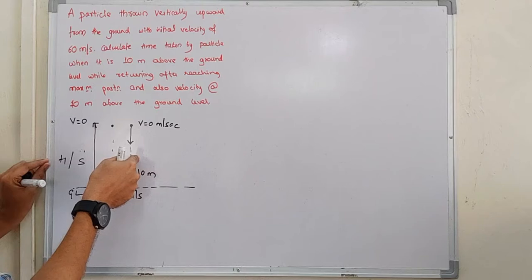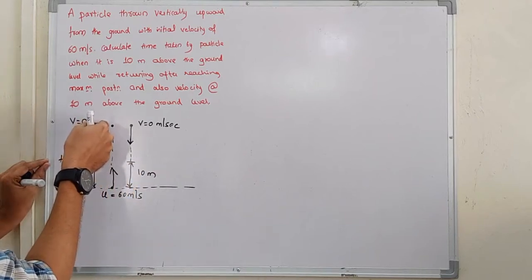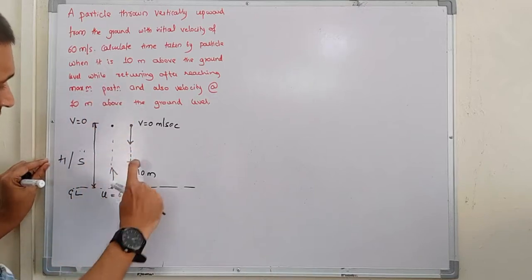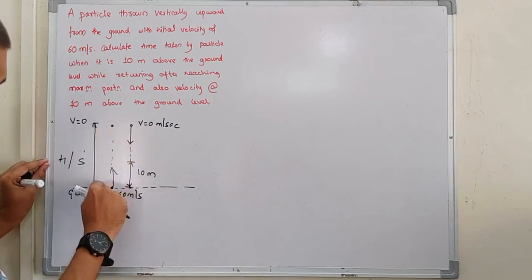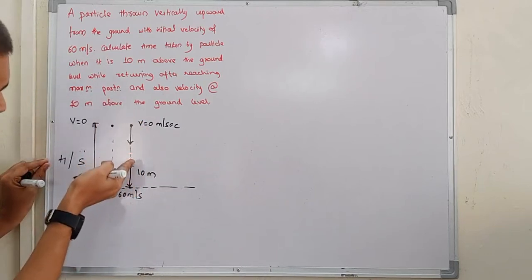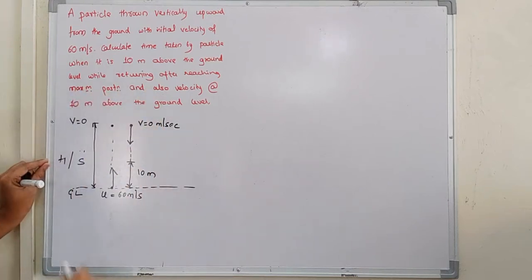But you are asked to calculate the time taken by the particle when thrown from the ground, reaching the peak value, and while returning back 10 meter above the ground level.